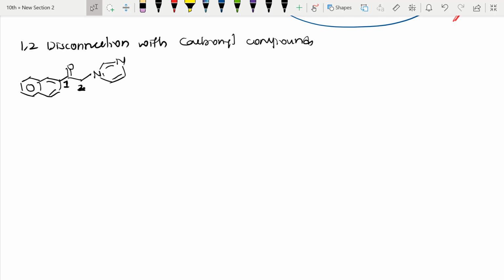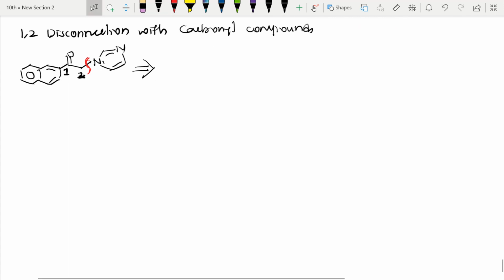And I have told, always if a heteroatom like nitrogen is there, you need to cleave there only, because it will give a reliable reagent, right? So retrosynthesis, this arrow represents retrosynthesis. So it is nothing but 1,2 disconnection, right? How did you number 1,2? 1 should be given to the carbonyl and 2 should be given to the next, adjacent carbon, where we can cleave easily. Remember that.